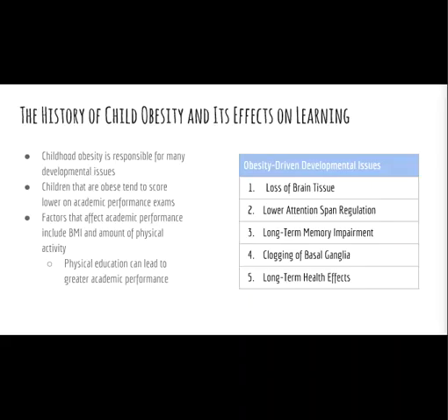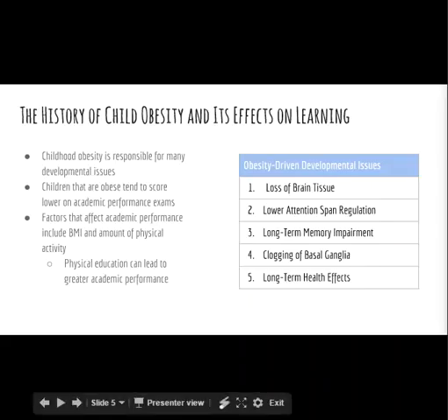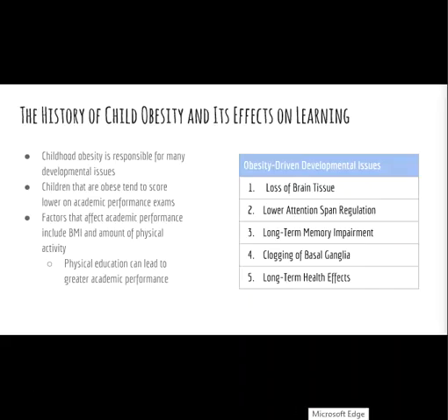childhood obesity is responsible for many developmental issues that kids are experiencing. As you can see in this table here to the right, obesity-driven issues include loss of brain tissue, lower attention span, long-term memory impairment, and so forth.